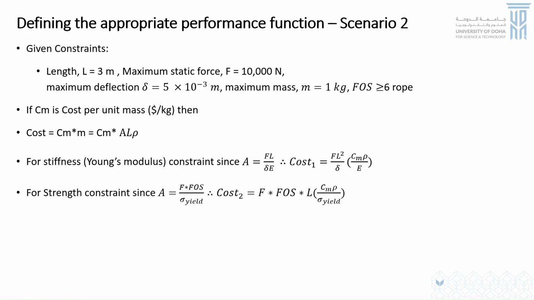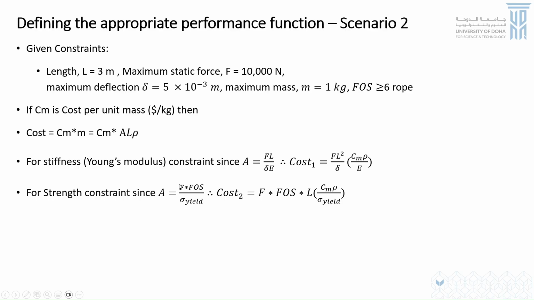For the strength constraint, we can again have a definition of area based on the relationship of force with the yield strength. If you notice here, I have used the force multiplied by a factor of safety to account for the fact that it is going to be used in a dynamic scenario.